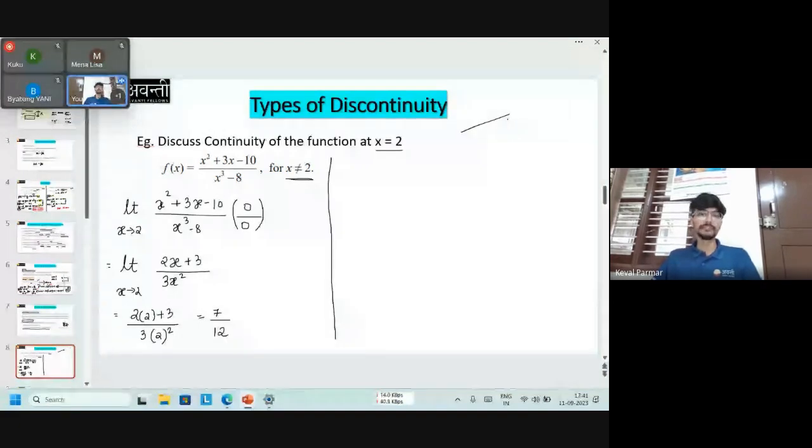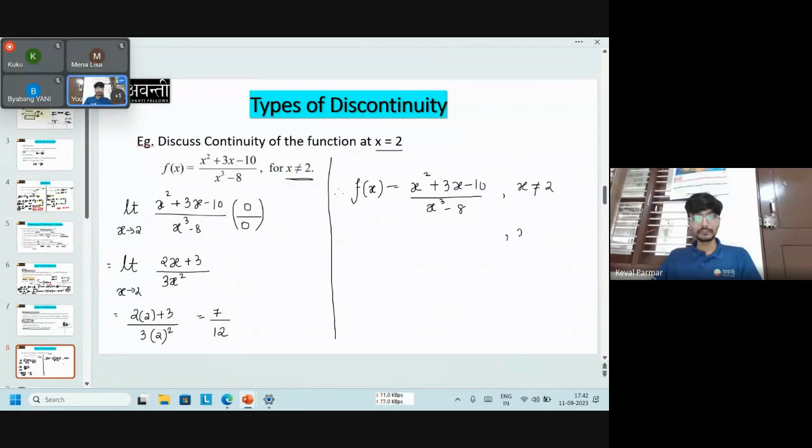Now let's see how. I will redefine the function as the same expression, x square plus 3x minus 10 upon x cube minus 8, for x not equal to 2.